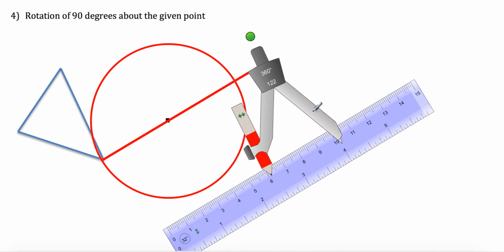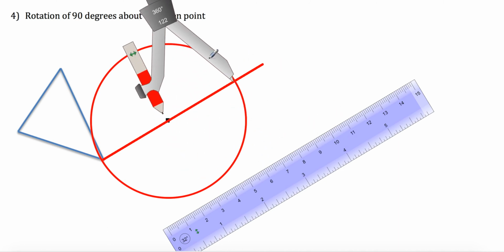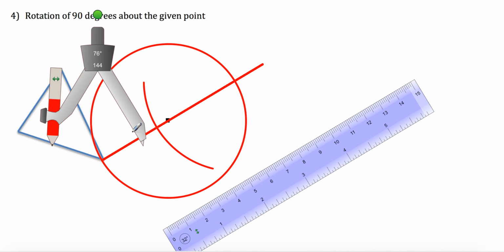So by drawing the circle, I know that this will be the end point, and this is the end point where this point is the midpoint. Then after you have drawn that, all you have to do is go more than halfway and draw an arc.